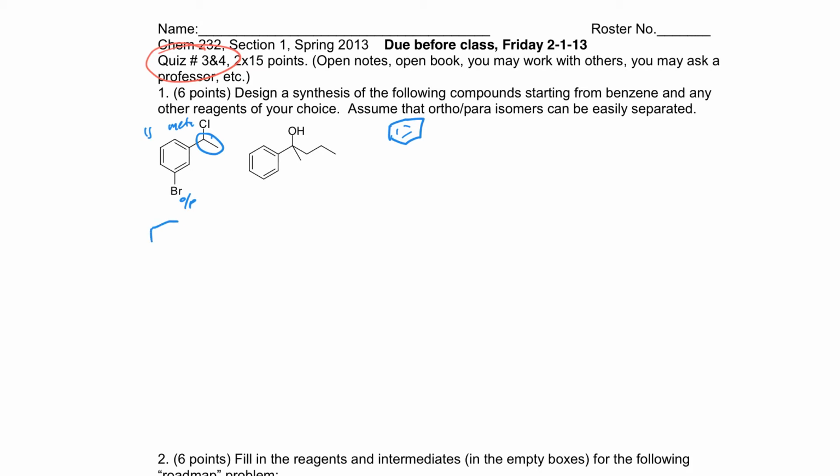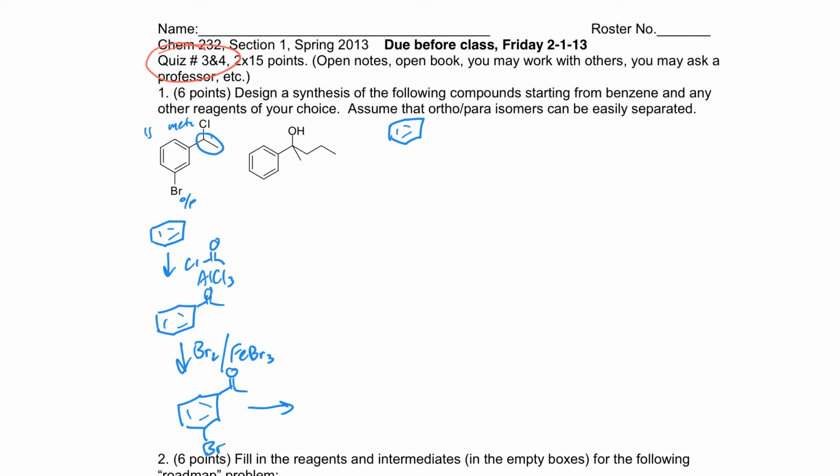So I'm going to suggest that we use Friedel-Crafts acylation to add 2 carbons, because that gives me a functional group that can eventually be modified to form an alkyl chloride. And then, of course, Br2, FeBr3 can put the bromine on in the meta position.